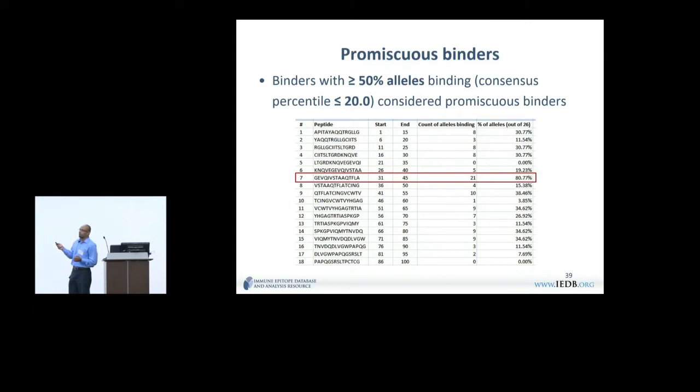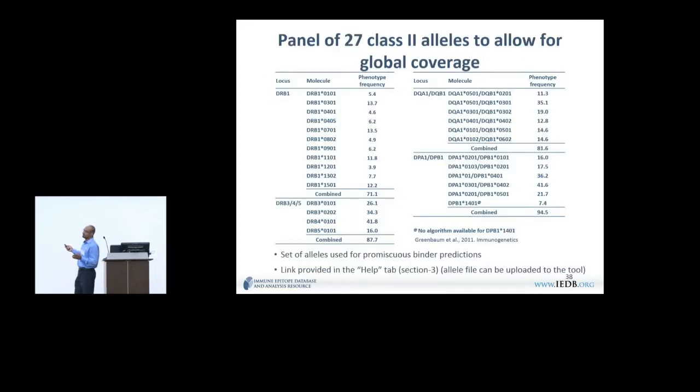So for our sequence, how do we do this? We find the binders. For identifying the binders, we use this cutoff of percentile rank 20, and then we find peptides that bind with at least 50% of alleles. That's the recommended threshold here. We have a set of 26 alleles here.